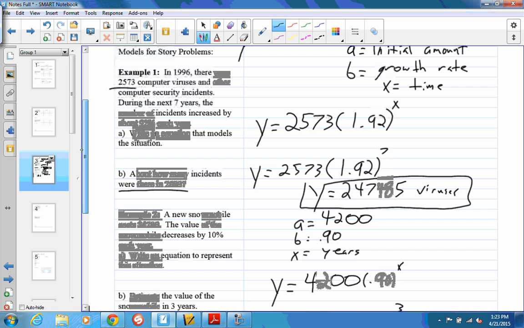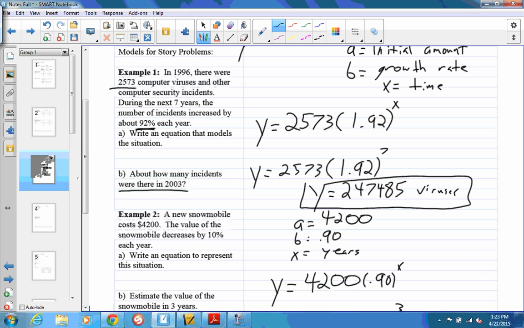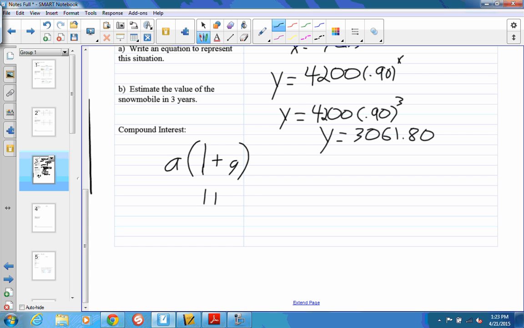Here my growth rate was positive 92%, so 1 plus 0.92 equals 1.92.